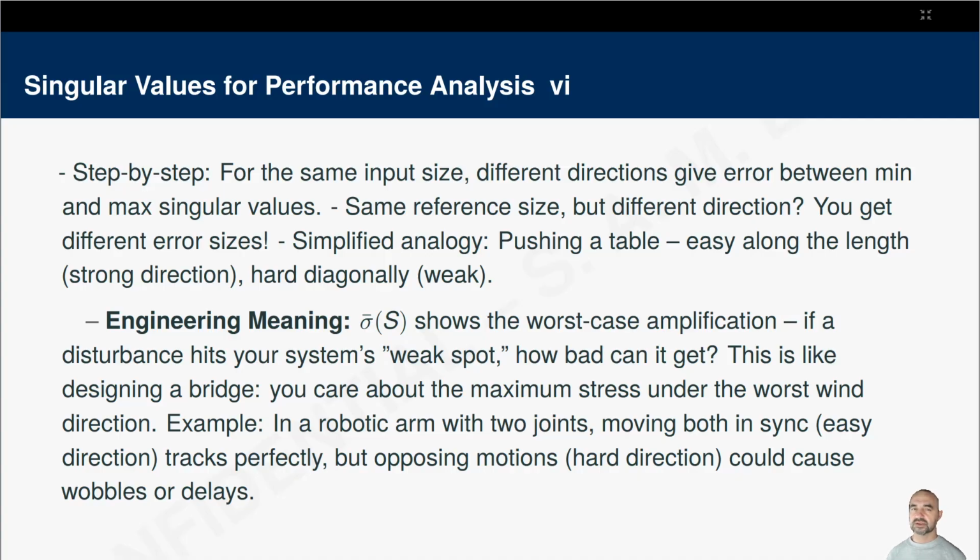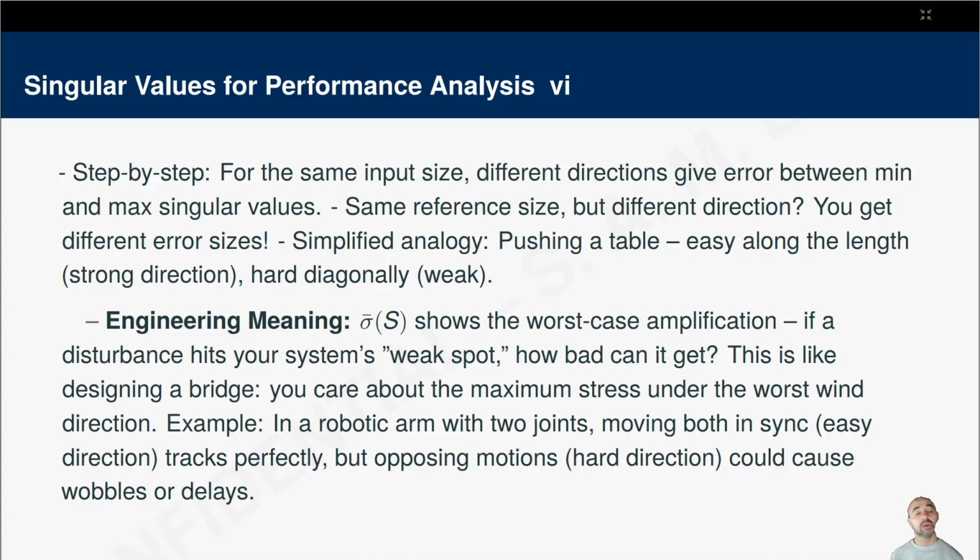Let's think about a simplified analogy: pushing a table is easy along its length, the strong direction, and hard diagonally. You might apply the same input, the same force, a force of the same size, let's say 1 Newton.